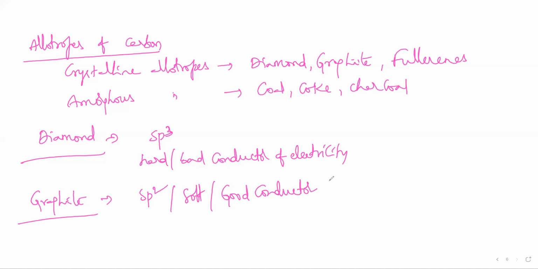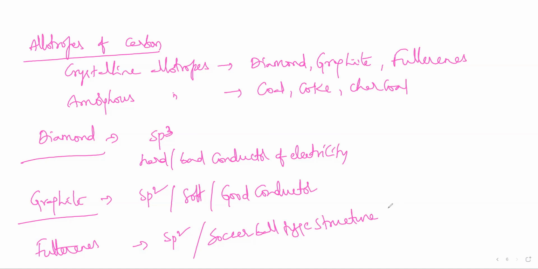Fullerene is also sp2. It has a soccer ball type structure. It contains pentagonal rings and hexagonal rings also. Okay.